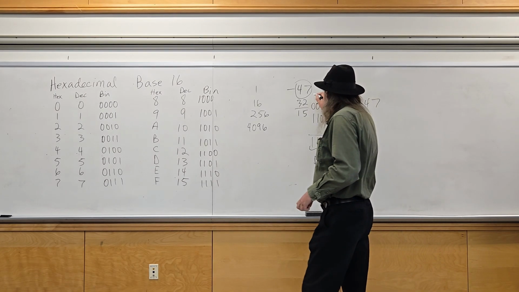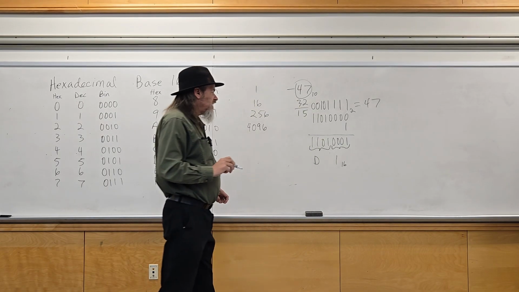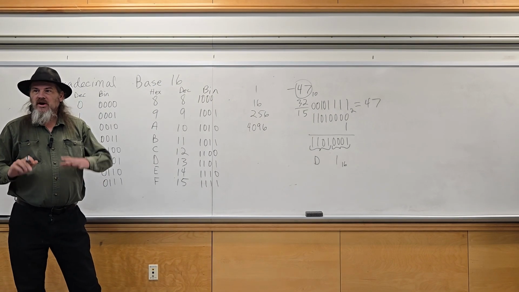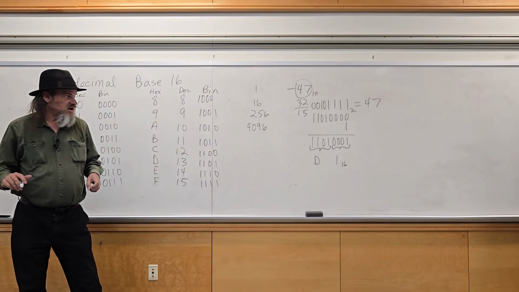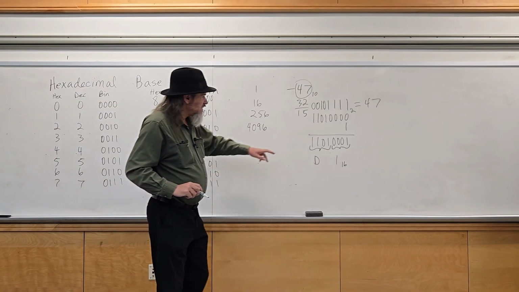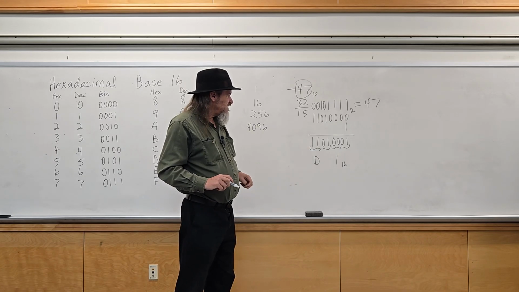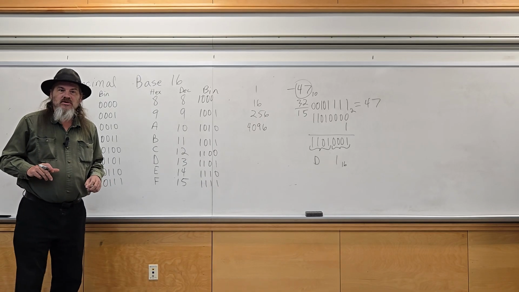So negative 47 base 10 is D1 in base 16. No negative sign. It is just understood that the leading 1 is an indicator that it is a negative number.